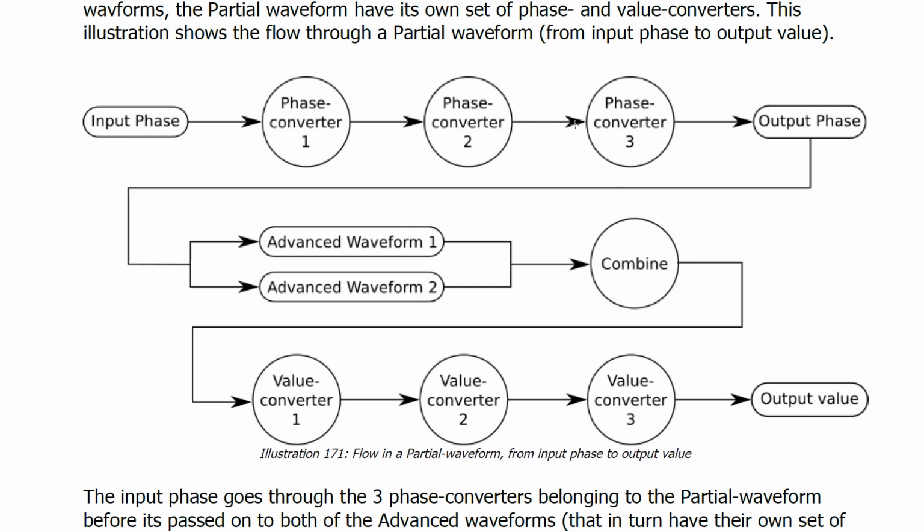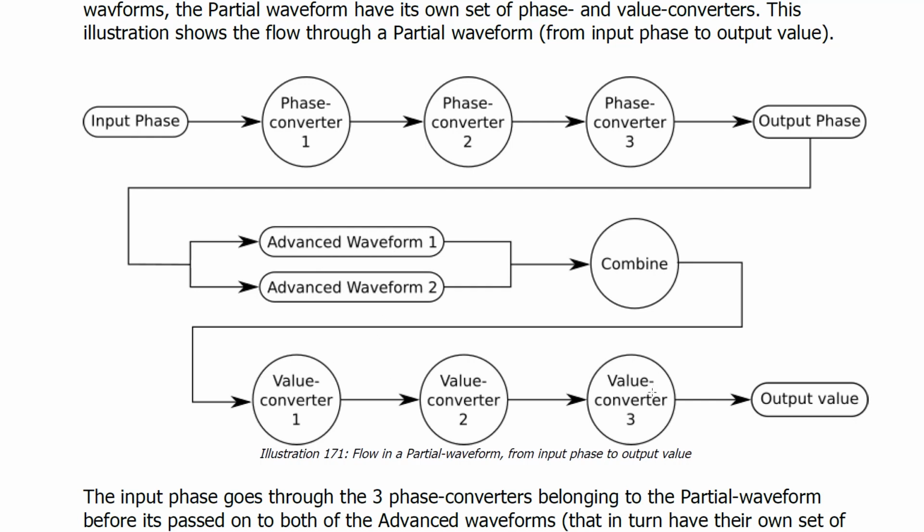If you use these phase converters, this changed phase will be added to these two that can even change it further. But if you don't change the phase, that means when you come to the value converters, the phase will not have been changed, because all phase changes that are going on within these advanced waveforms are happening locally. It will not affect this one.